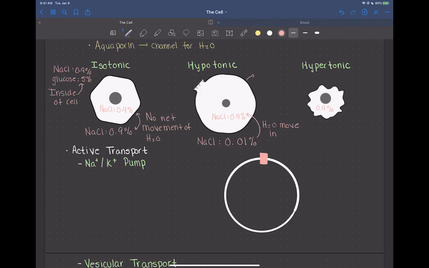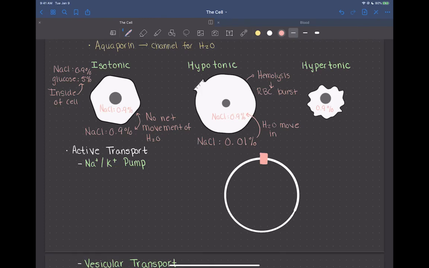That is called lysis, or if we're talking about blood, hemolysis would be when a red blood cell bursts. That can happen if you give a patient a solution that doesn't have enough salt in it, so that can be very bad.